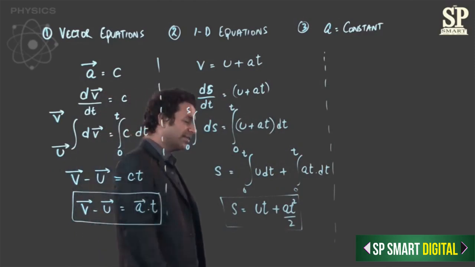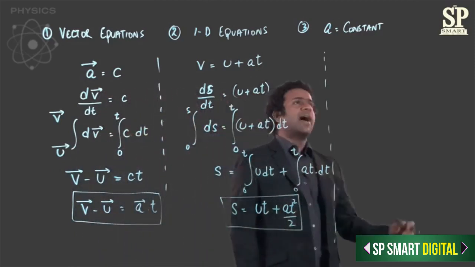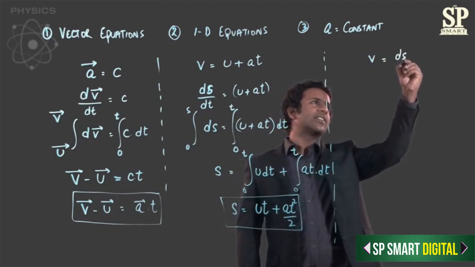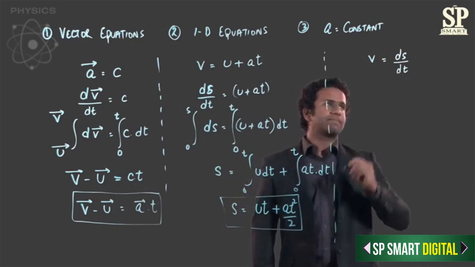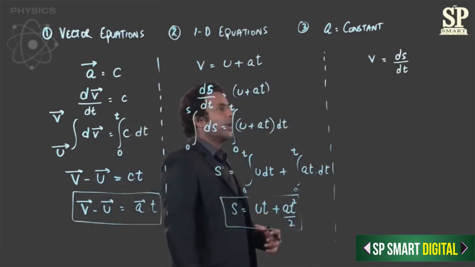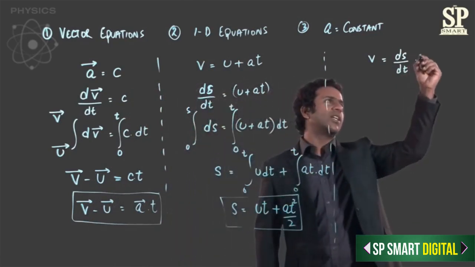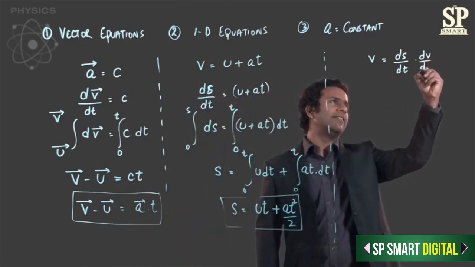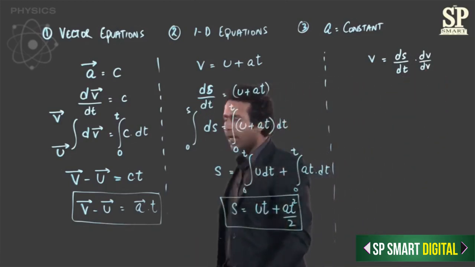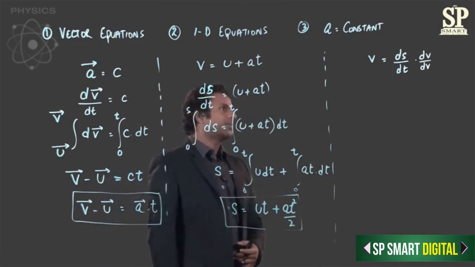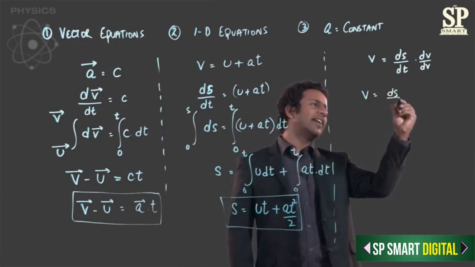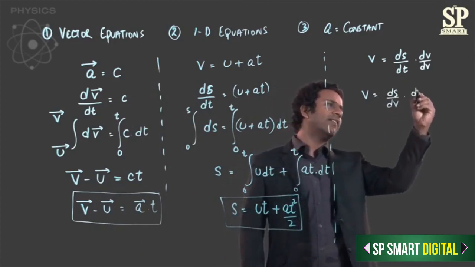For the third equation, let's come back to the fact that v is equal to ds by dt. Now what we are going to do is multiply the right hand side with the term dv by dv. You can see that dv by dv is 1, and hence I can do that. Now I'm going to rearrange these terms and write it as ds by dv into dv by dt.